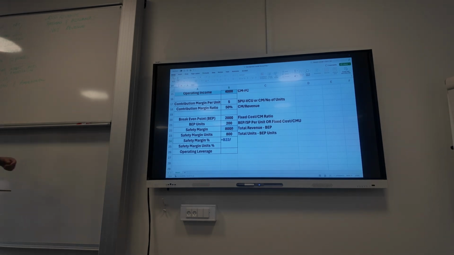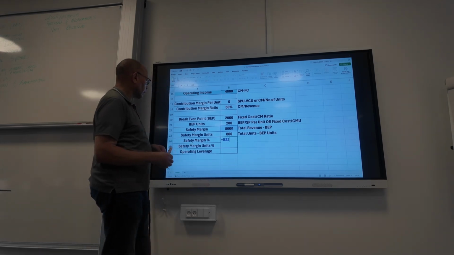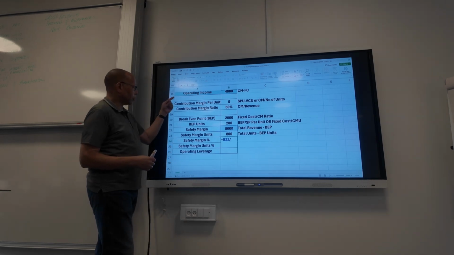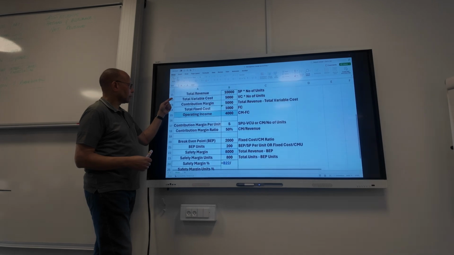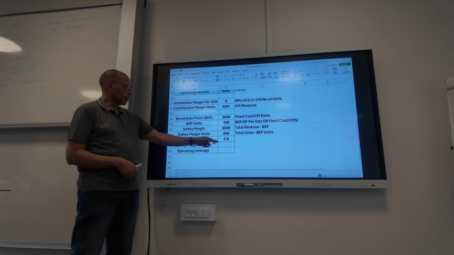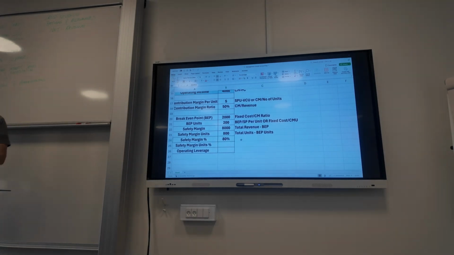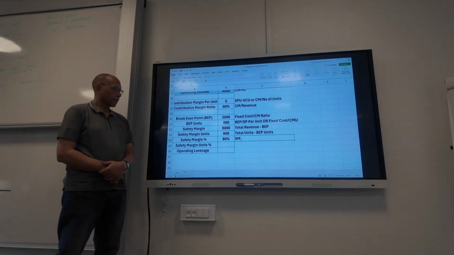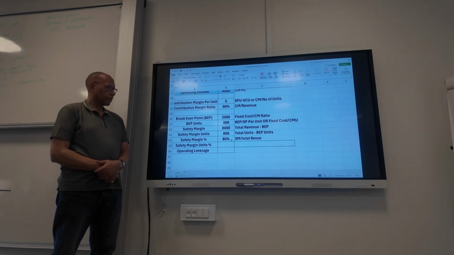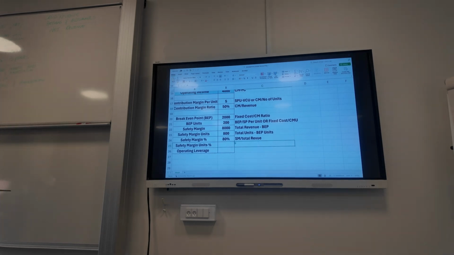In total, it would be our safety margin, B22, divided by our plan, which is the total revenue. And that equals 80%, right? So it's quite a large safety margin.